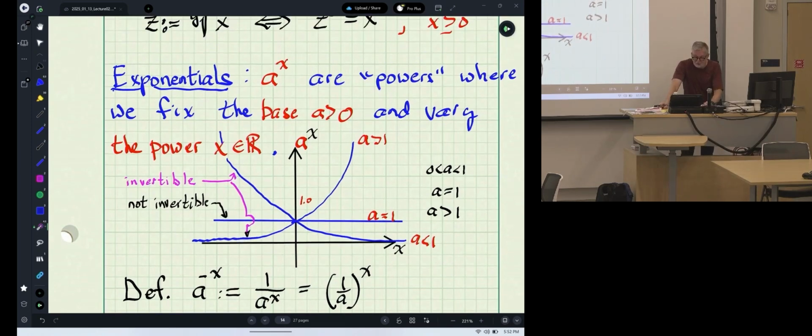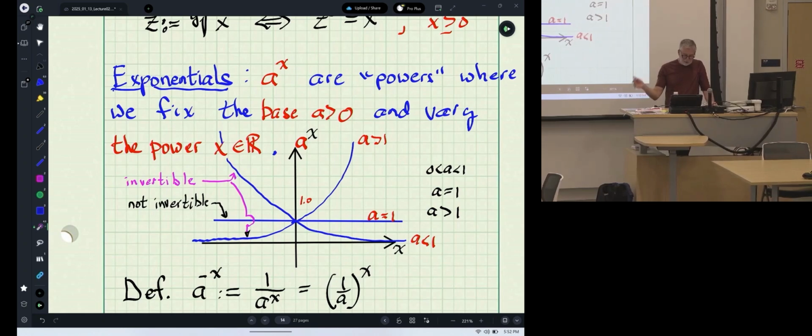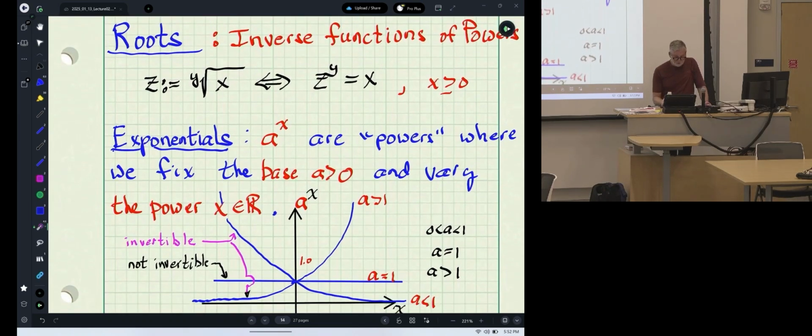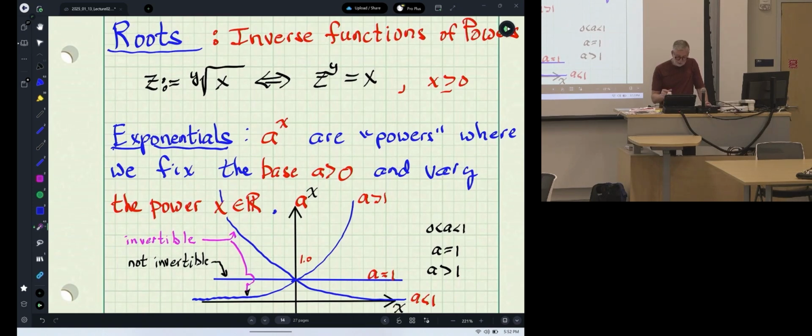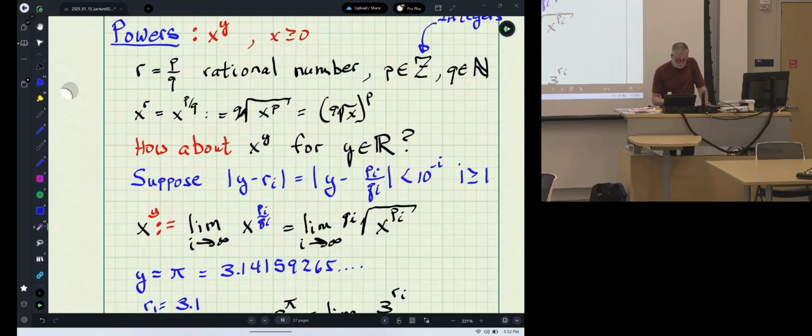Exponentials. They're like powers, but in exponentials, we let the a be fixed, and we call that a base, and it's the top one that varies. Okay, when we're doing powers, the power is fixed, or the root is fixed, and then we're varying the lower one, okay?